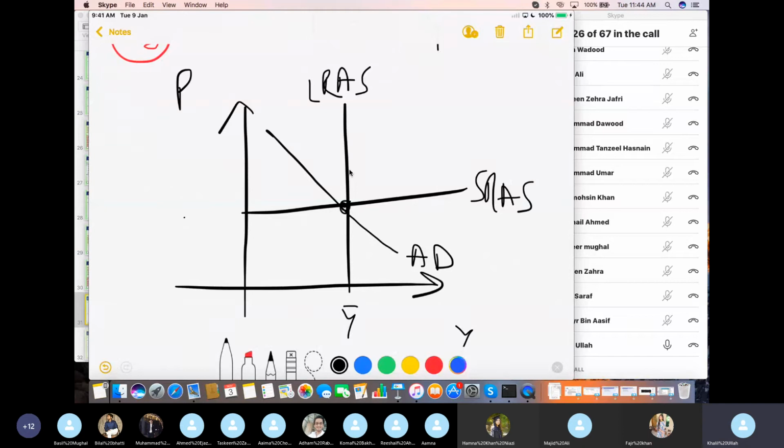And this is where your supply curve shifted to SRAS1, and the economy moved from point A to point B, which is Y0, and unemployment has gone up.